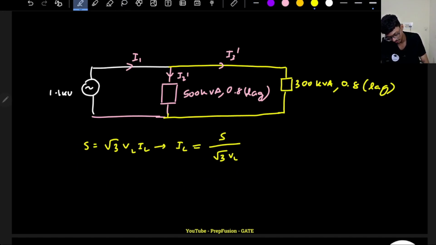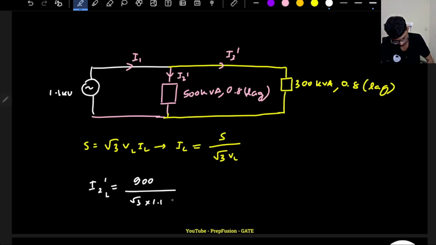So what will be the line current of the second winding referred to primary? This will be 900 kVA divided by root 3 into 1.1 kV, that is 900 divided by root 3 divided by 1.1. It comes out to be 472.377.